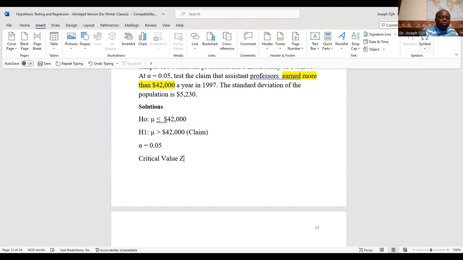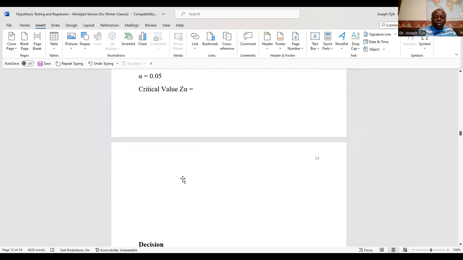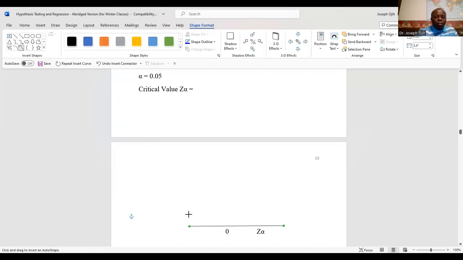Critical value Z alpha equals, now remember, this is a right tail test. So let me draw the chart now. It's gonna be like this. The critical value will be somewhere here. I will have 0, and the critical value is Z alpha. I'm gonna put alpha here, in the right tail. Then I can draw my chart here, then put the bell curve.